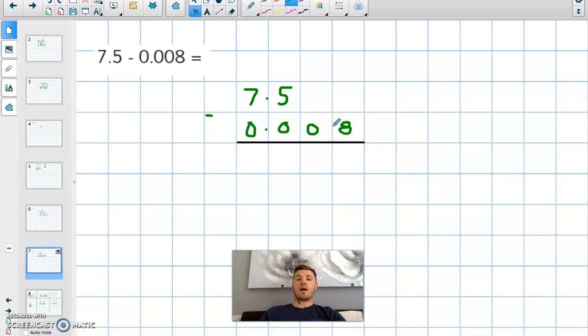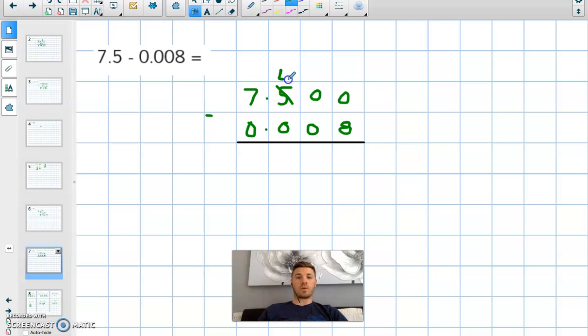As you can see, I haven't put in my placeholders yet, so I'll need to do that, and then I can start subtracting from them. So 0 take away 8, well, we can't do that because the bottom number again is smaller than the top number, so we go to our next door to exchange. There's nothing there, so then we have to go to the next door neighbour. So take 1 away, that turns it into a 10, so now this number here can borrow.